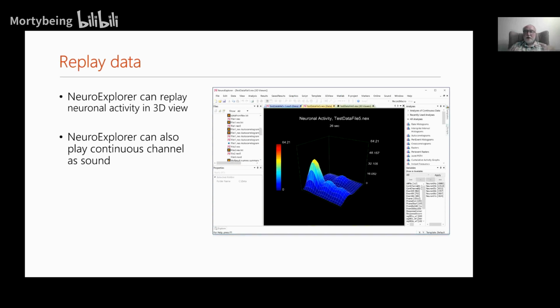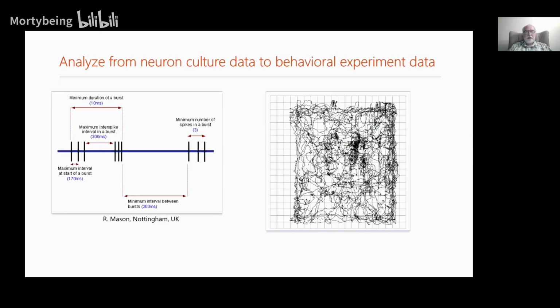You can replay your data as a three-dimensional graph, to replay neuronal activity, so you see what neurons are producing spikes, if you have any waves of excitability or synchronous firing. It's a feature of the program, but not everybody is using it.